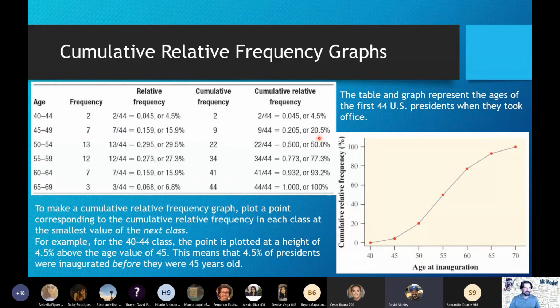You'll get a very close estimate by adding the relative frequencies as you go, the same way we did the regular frequency. And that's how we build cumulative frequency and cumulative relative frequency. What questions do you have so far?